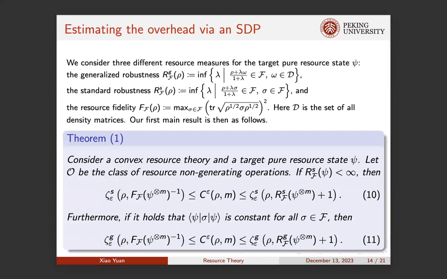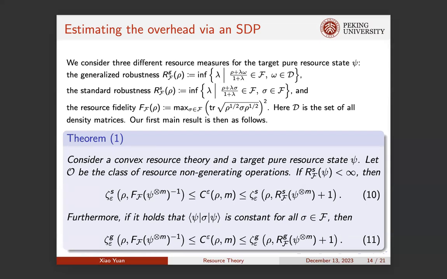We can show the resource virtual distillation overhead C for two different cases. One is when the robustness is not infinite, like entanglement or magic, and the other is when the standard robustness is infinite. In many such cases, the overlap of a free state and the target state is a constant, such as coherence.